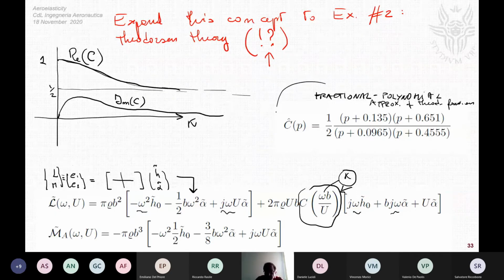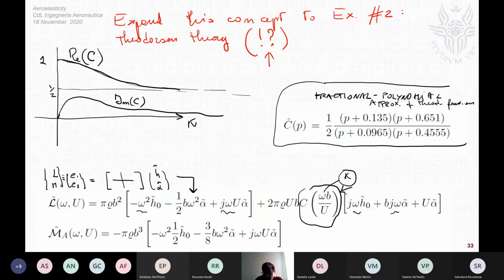Of course, what about the coefficients 0.135, 0.65? How can we obtain these coefficients? Same story. You can sample. There are indeed in the technical literature many attempts at obtaining these coefficients.